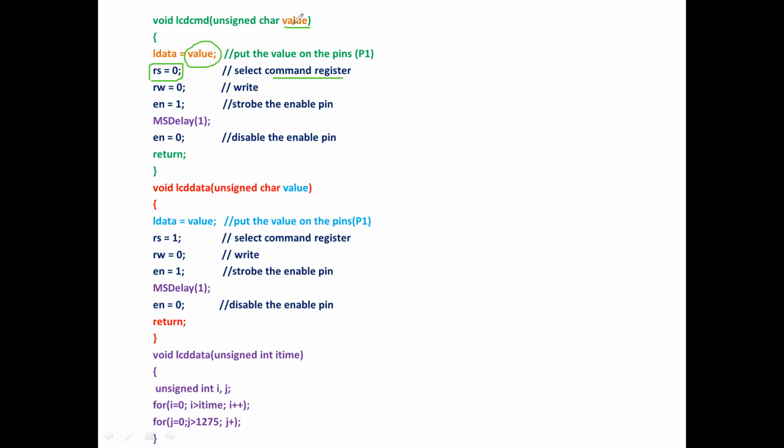So whatever they send, that value is received here, that we are putting into port 1. In port 1, we have a command. Since RS is equal to 0, in port 1, we have a command. That you should understand. We are writing a command, enable, have a small delay to write it. Okay. To write the data to the LCD successfully. That way you should understand. Fine.